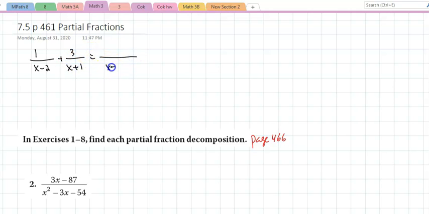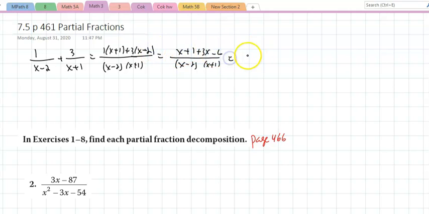If I get a common denominator, so this is 2x minus 5 over x minus 2 into x plus 1.